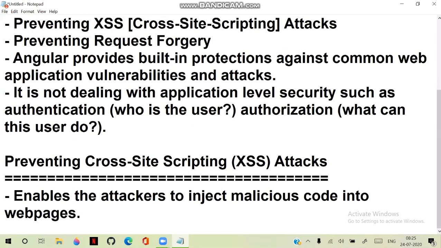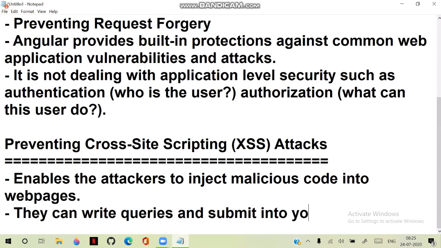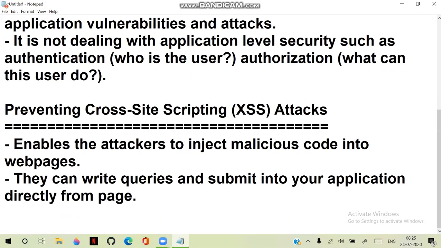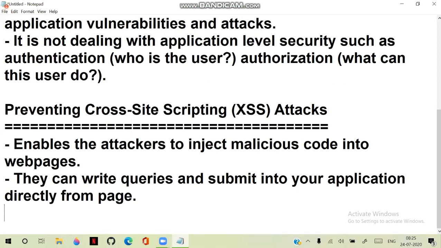That means they can write queries and submit them into your application directly from the page. That is what cross-site scripting is. This is one regular problem that we face in web applications.